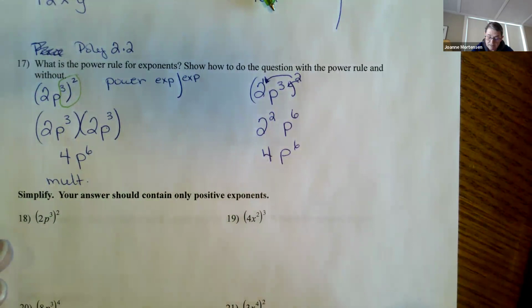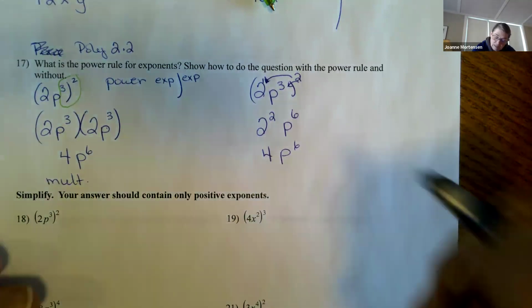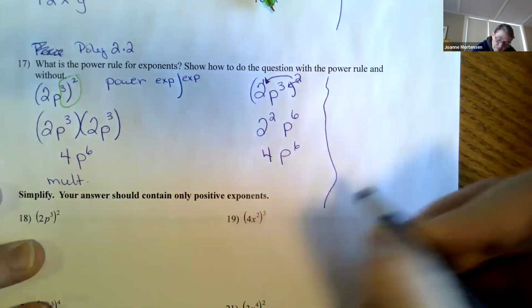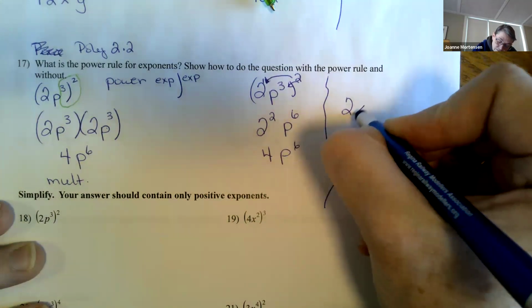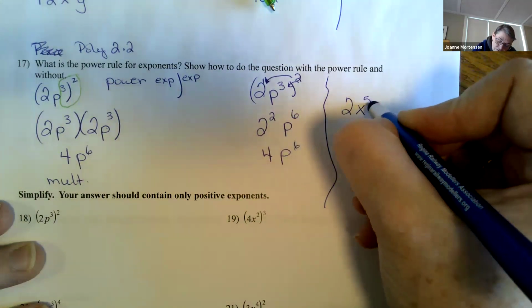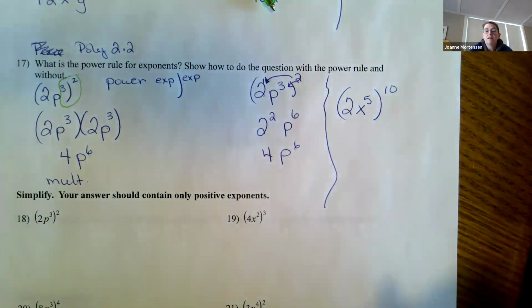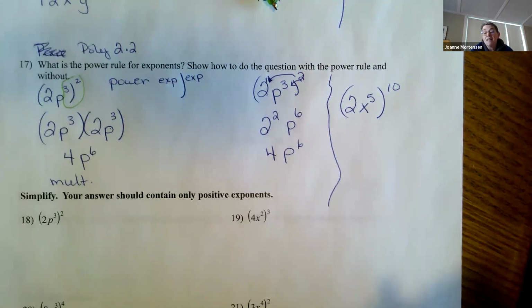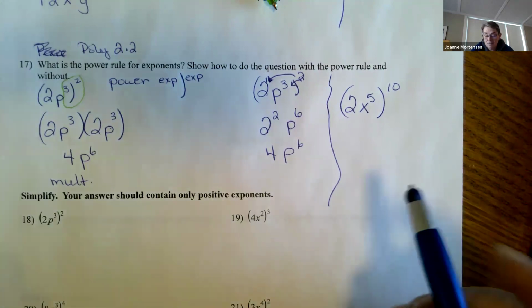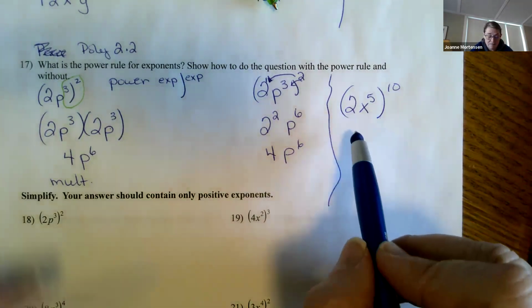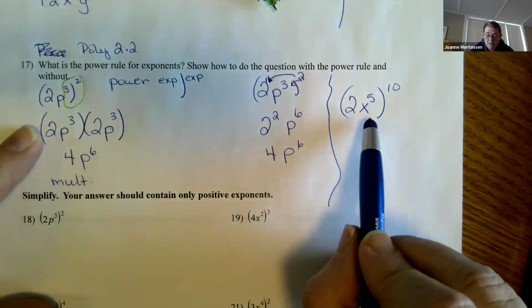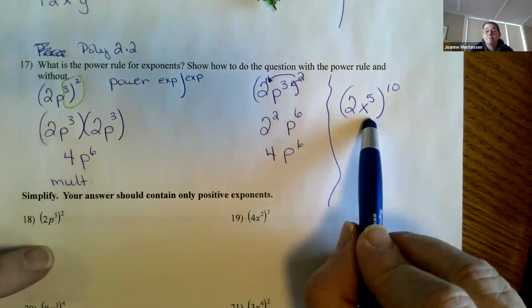I'll show you an example. Well, actually, I'll show you right now. 2x^5 to the 10. That might be one where I actually use the power rule, because if I do it this way, how many times do I have to write this out?